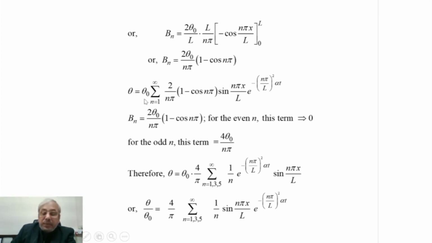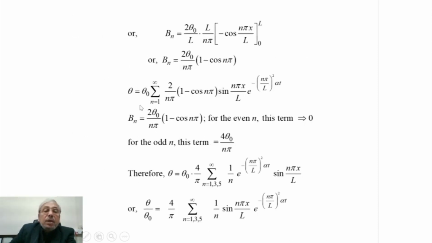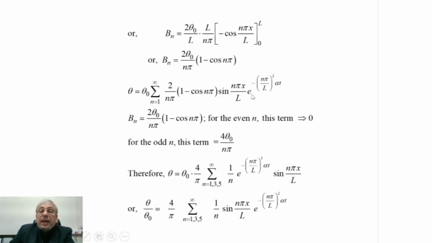So theta will then be, we have to substitute Bn in this expression. We have obtained Bn now. So theta equal to theta naught summation, within the summation we can write 2 by n pi, and theta naught we pull out outside the summation, 1 minus cos n pi into sine n pi x by L into e to the power minus n pi by L square alpha t.